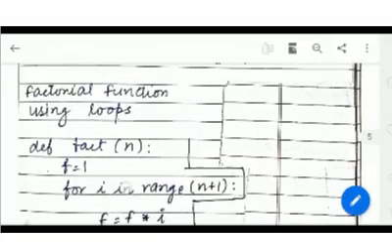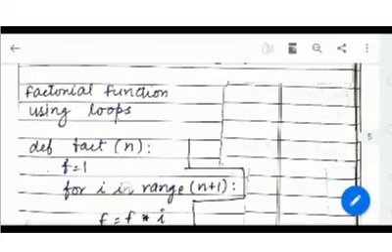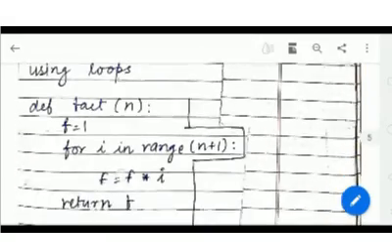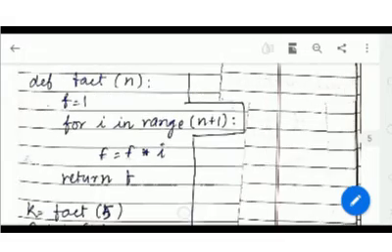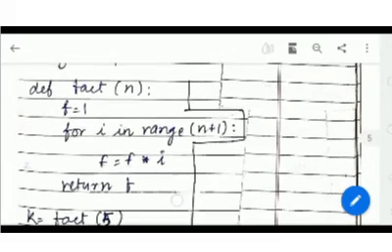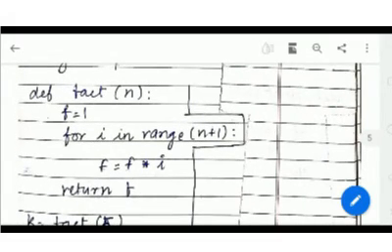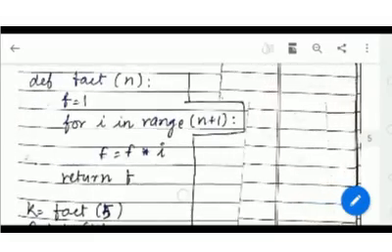Now let's have a simple example that we have done in class 11th. It's a function to find factorial. So we have defined a function def fact, n is the argument. We have to multiply numbers up to n.